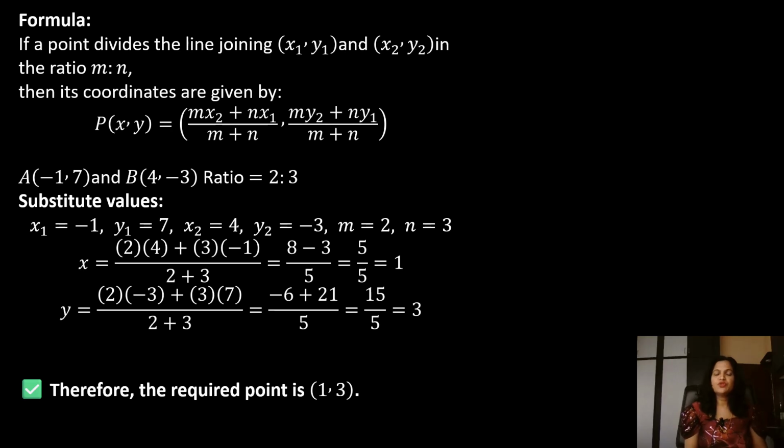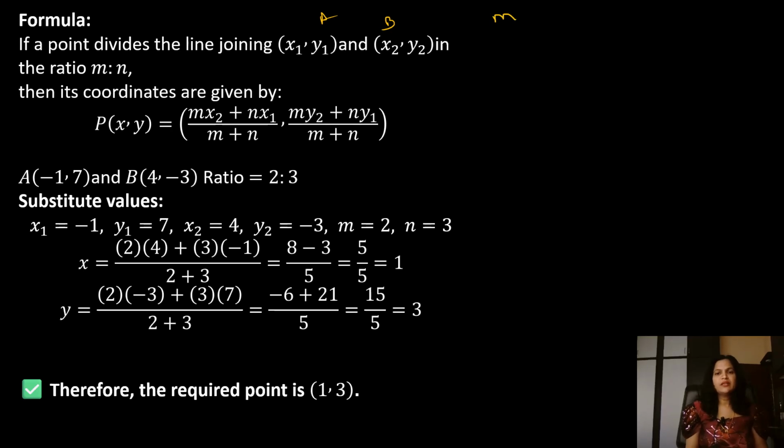So we have to know the formula for this. When ratio is given and 2 points are given, then to find that point, we have this formula. P(x, y) equal to, see, x1, y1, x2, y2, 2 points are given, A and B. Point P is this, we have to find out.